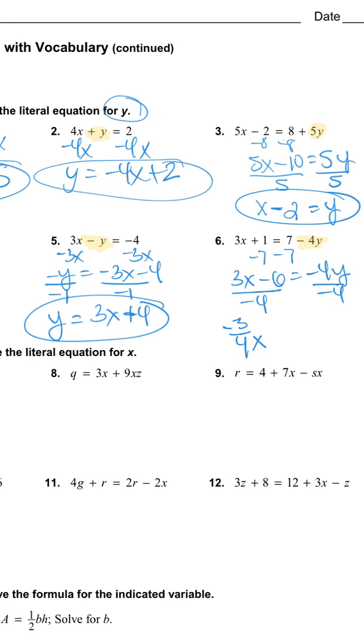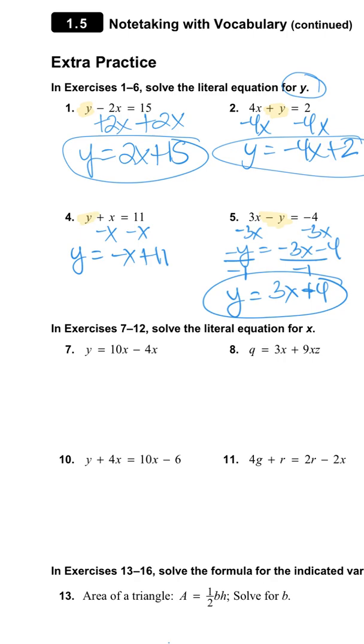Negative divided by a negative is a positive, plus 6/4 equals y. We could reduce 6/4 to 3/2. Okay, so negative 3/4 x plus 3/2 equals y. So that is the most simplified form that it can be.